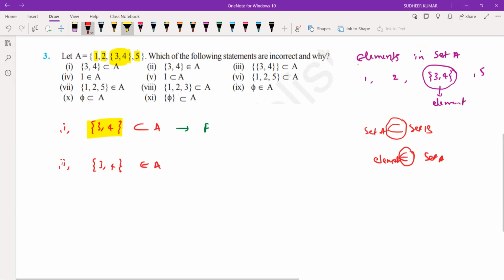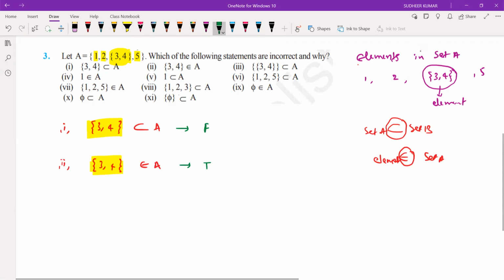Here in this question it seems to be a set, but as per the given set A, the set of 3, 4 is not a set. Set of 3, 4 is an element. So, does this element set of 3, 4 belong to A or not? Yes, sir. So is the statement true or false? True.